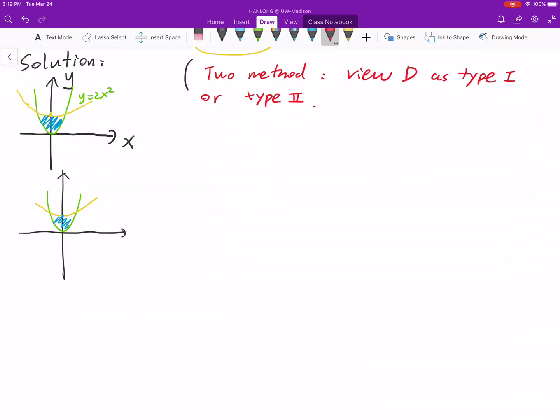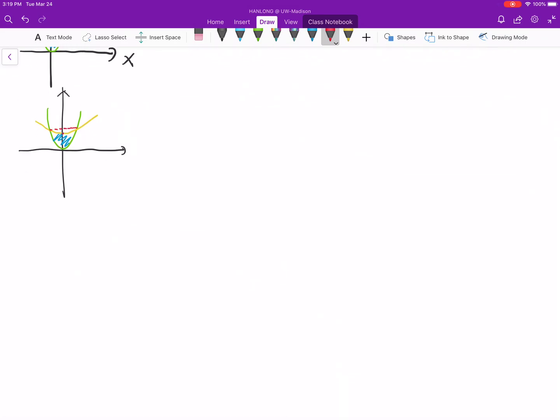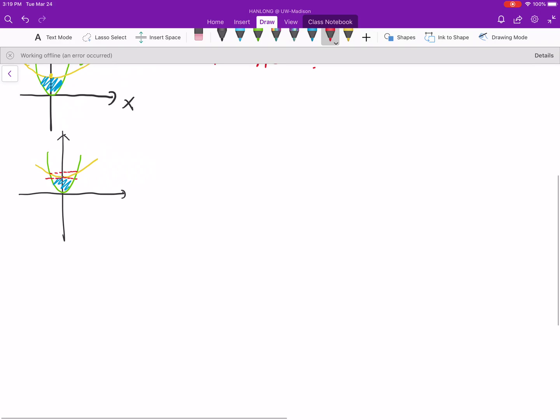You need to project down to the y-axis. What should you do? Actually, you should cut this into pieces. For each one, the y-coordinate is free and the x-coordinate is bounded by two functions of y.